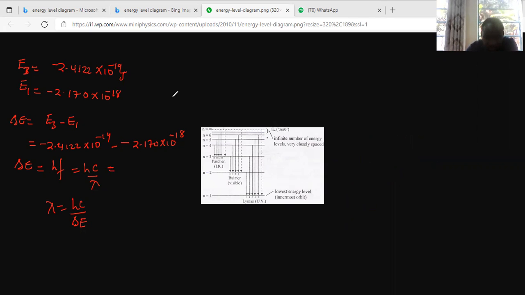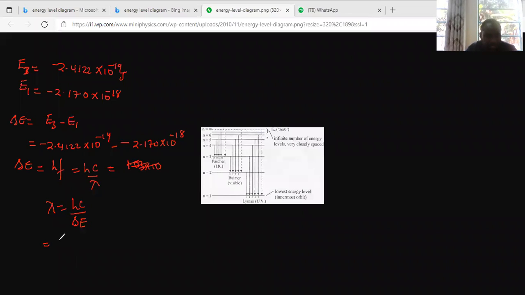Change in energy has got 1.03 times 10 power 27. Impossible. So we'll check your calculator.